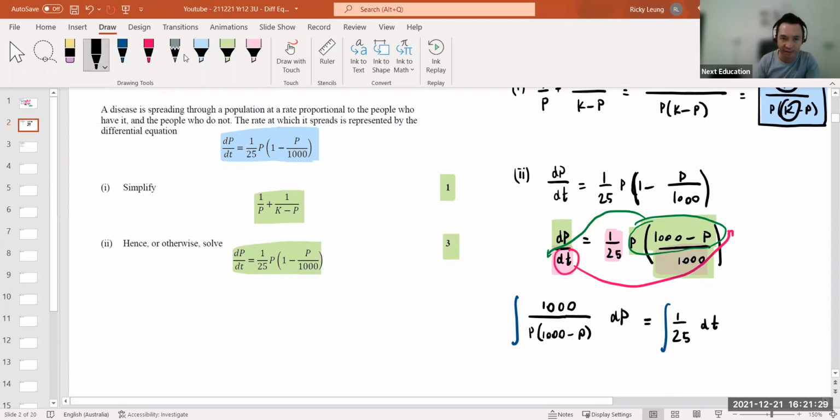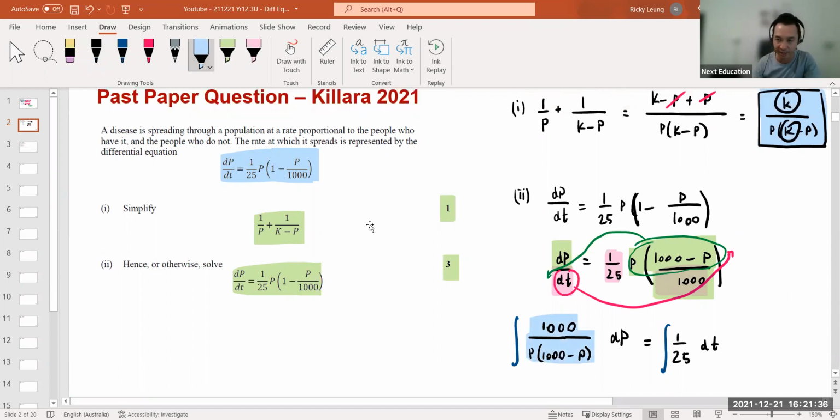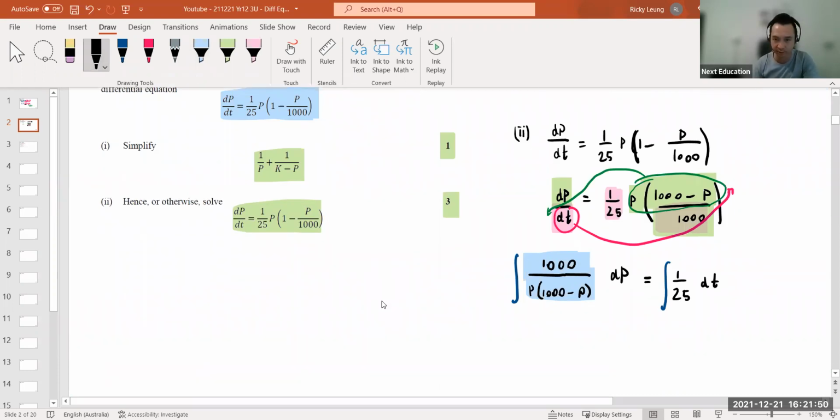Now, like I said, I can't integrate this easily, but fortunately in part A, I can see that if k was 1,000, then I can replace that blue part there with the two fractions, right? So I can integrate them because they both fit within the ln integral quite nicely. Let's have a look.